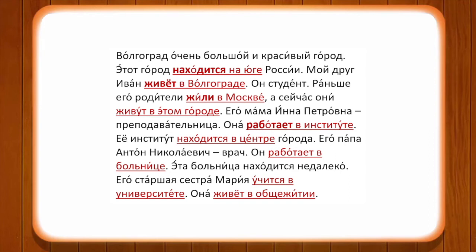Ее институт находится где? So находится means situated. The question is where. So to supplement the question где, we use the preposition в центре. Где? В центре города. In the center of what? So we have the genitive case, центре города. Город changes into города.